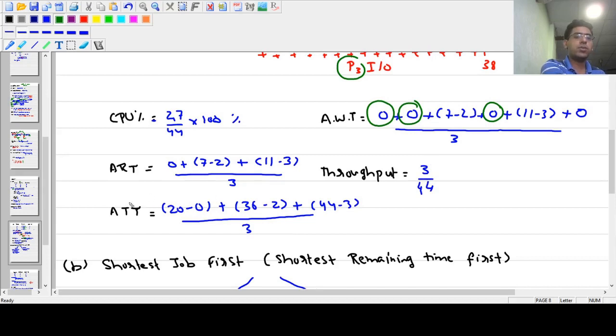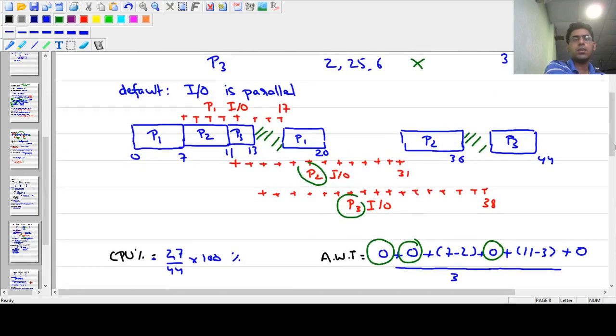And average turnaround time is the time when the process is finished minus the time at which it came to the ready queue. For process P1, it came at 0 milliseconds and is done at 20 milliseconds, so it is 20 minus 0.